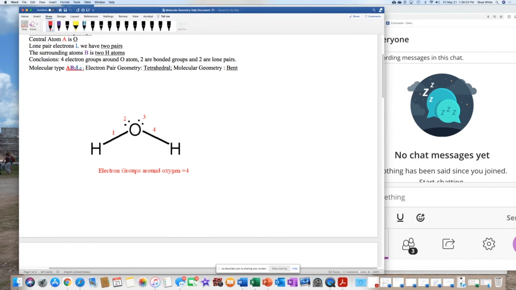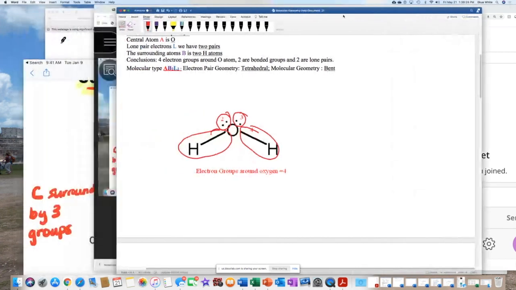I've labeled the groups, but since I'm here, I want to count so you can see. The table I gave you below provides everything you need. This is one group, the second group. Each lone pair, the two dots, counts as a group. So I have two groups on top and two groups on the bottom, for a total of four groups around here. That's how you count the groups.